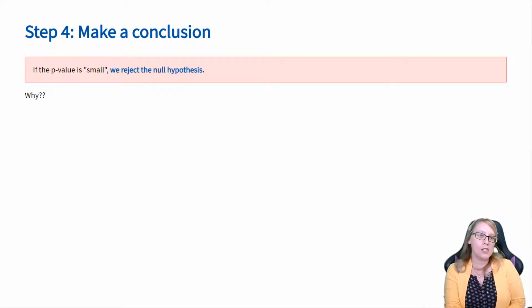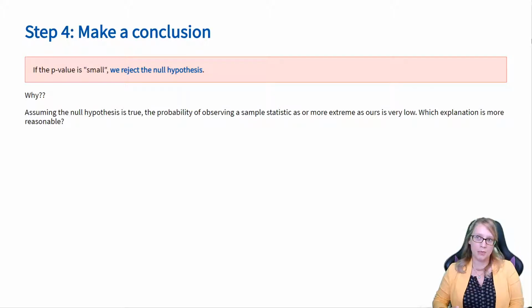Here's how we will make a decision. If this p-value is small, whatever small is defined to be, we will reject the null hypothesis. Remember, this p-value is calculated assuming that the null hypothesis is true. So it's based on an assumption. What's the more likely or the more reasonable explanation for a small p-value?